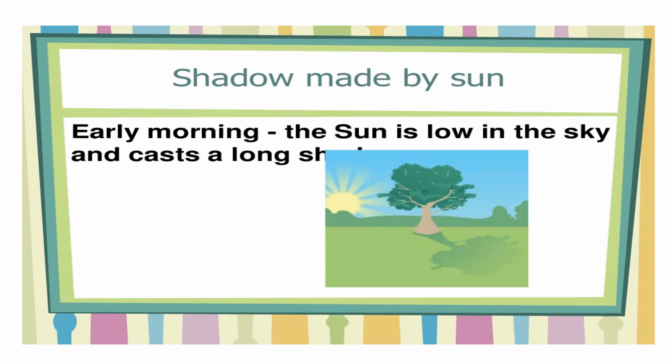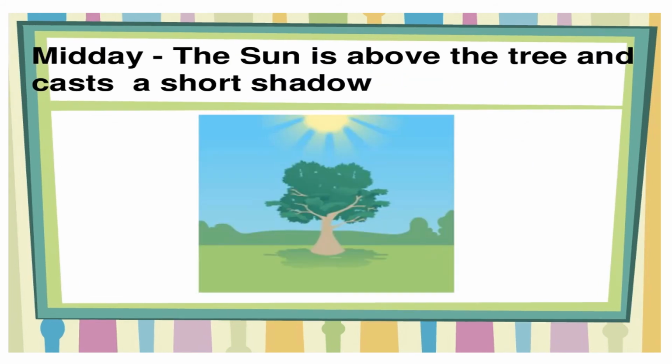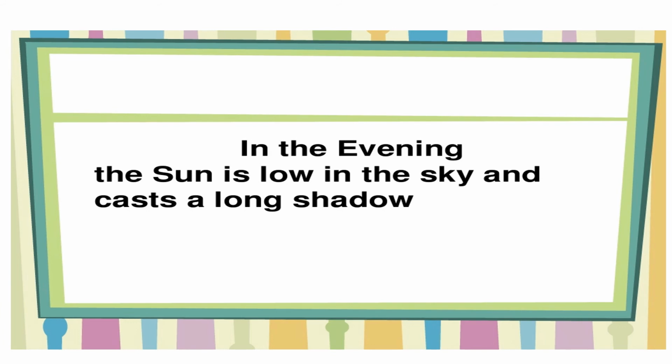Because the sun is low in the sky, it produces long shadows. At midday, the sun is above the tree and casts a short shadow. And in the evenings, the sun is low in the sky and casts a long shadow.